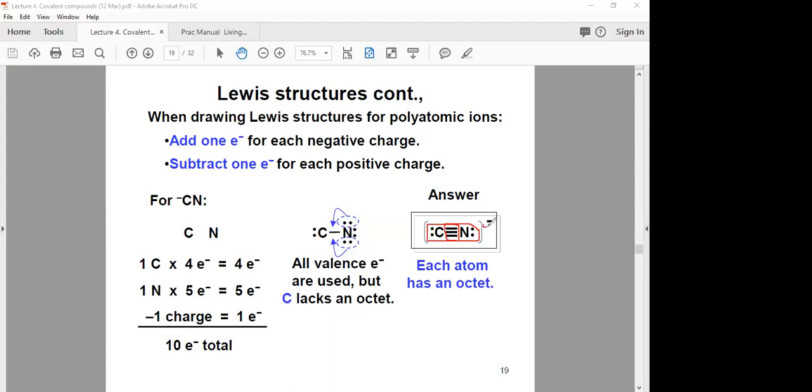This indicates that there's an additional electron present within that Lewis structure, which is essential in order for both nitrogen and carbon to achieve those octets of electrons. And that's why cyanide tends to scavenge that additional electron from its environment in order to achieve this particular compound, where the octet rule has been satisfied for both of those participating atoms.